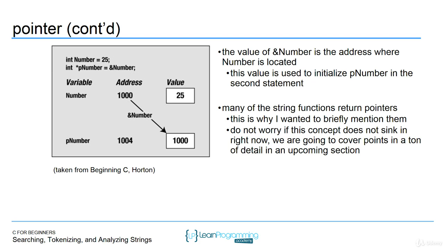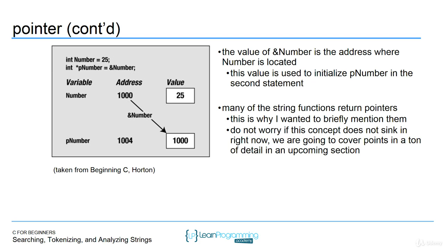So I'm kind of reiterating what I just mentioned, but the value of ampersand number is the address where number is located. So if you have two variables, number and pNumber, pNumber is a pointer, number is an int. You also, by the way, have to specify the type of the pointer. Even though a pointer is an address, you still specify the type of what the address is pointing to. So int star pNumber is going to be equal to the address of number.